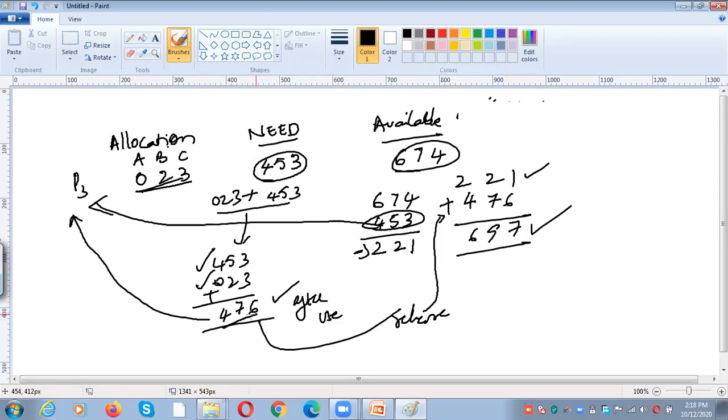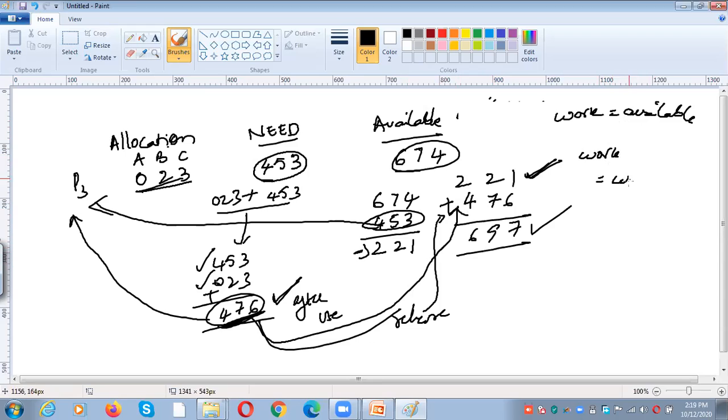Now the allocation is 4, 7, 6. Available is 2, 2, 1. Work equal to available, I already told you, in our example. So the availability is 2, 2, 1. What is allocated? 4, 7, 6. These 4, 7, 6 are added to available. So work equal to work plus allocation.